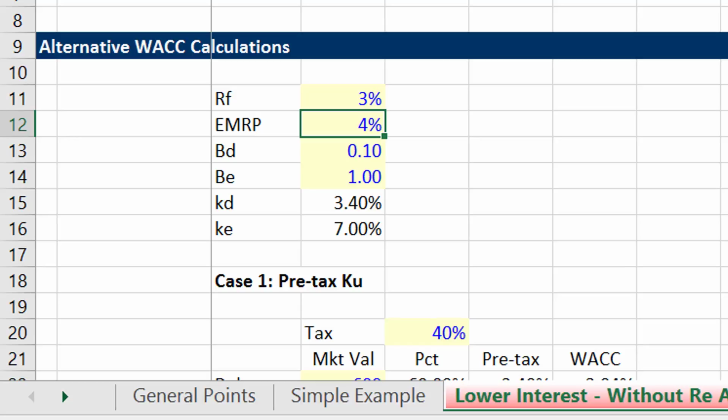I'm going to say why I believe that. Okay, BD, beta on debt is nothing like this. If you have a credit spread of 2% on a triple B bond, then the credit spread implies, and that's over and above the risk-free rate, obviously, that's what a credit spread is, that implies a beta of 0.5.